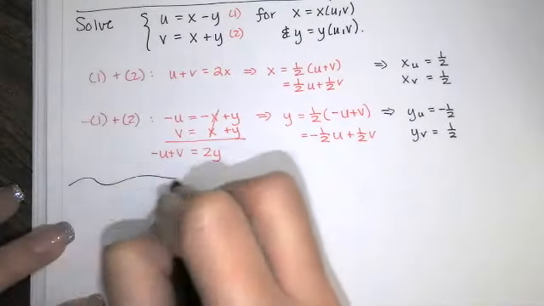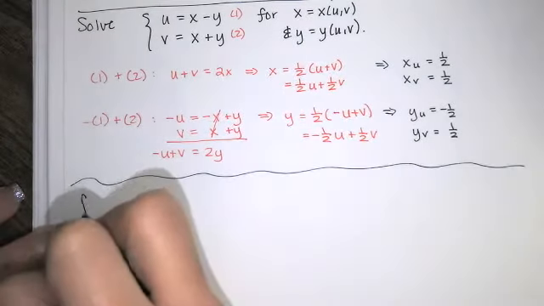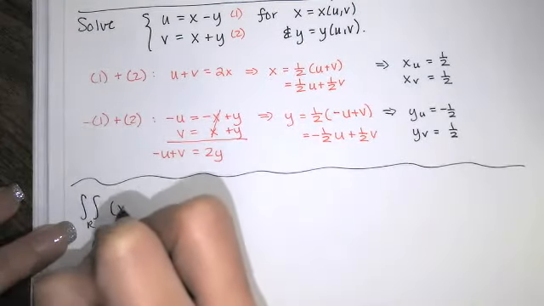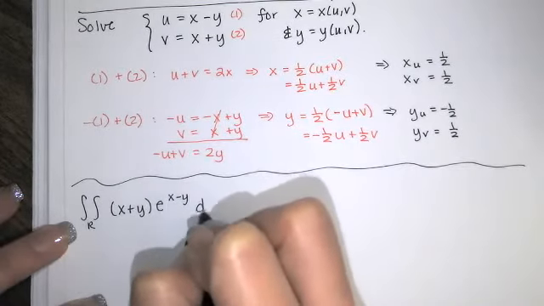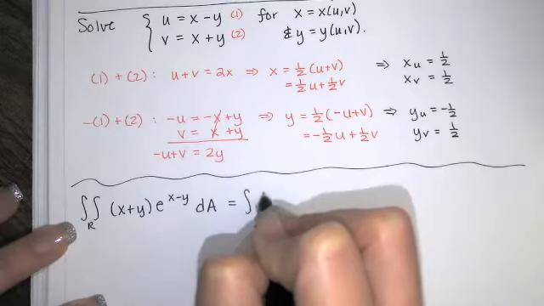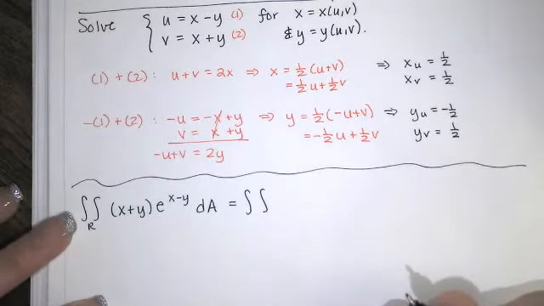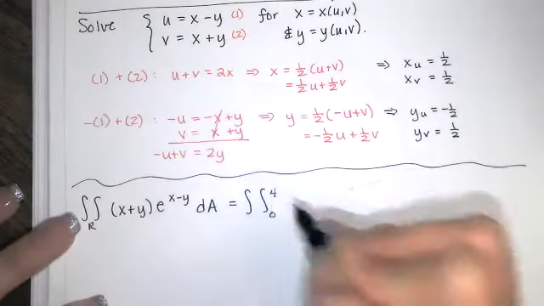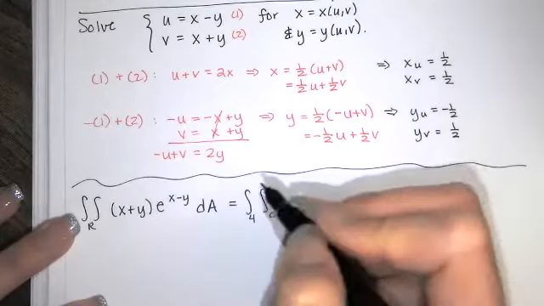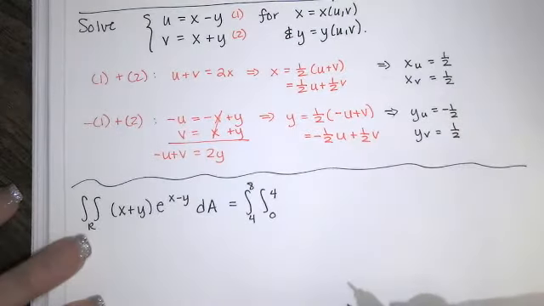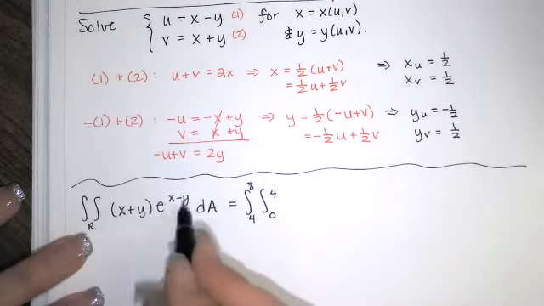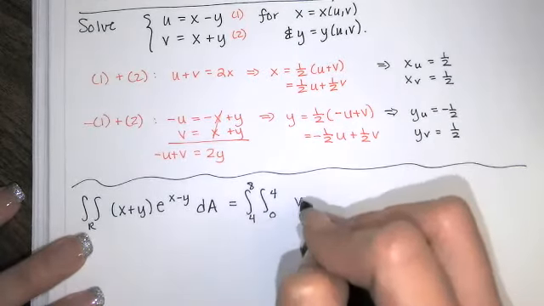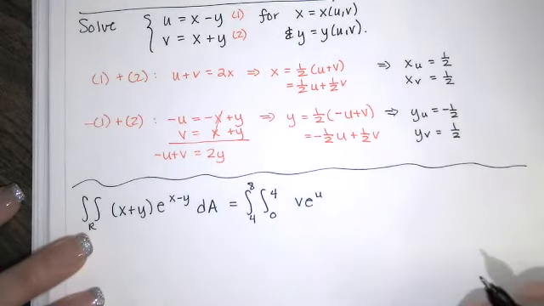So I have the double integral over R of x plus y times e to the x minus y dA is the double integral over S. Well, u goes from 0 to 4 when v goes from 4 to 8. Of this transformed integrand becomes v times e to the u.